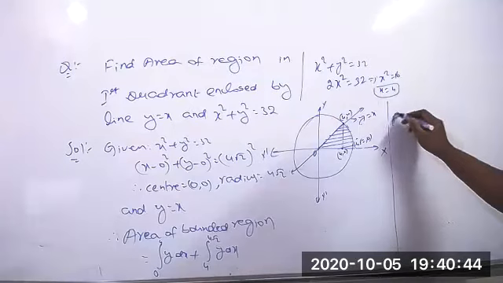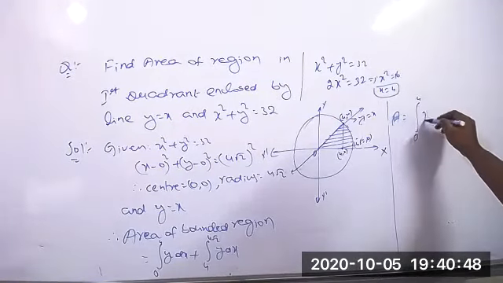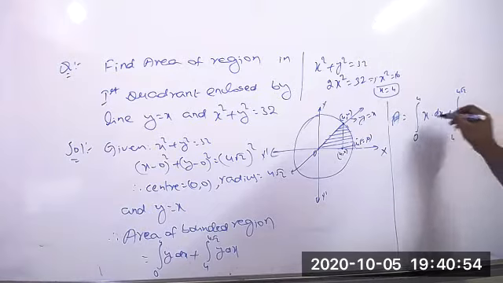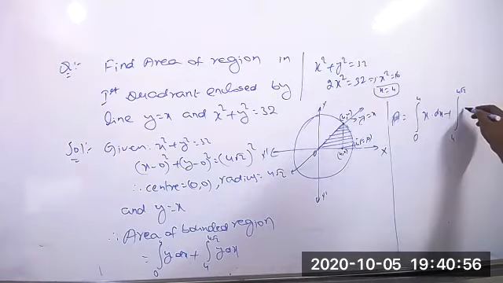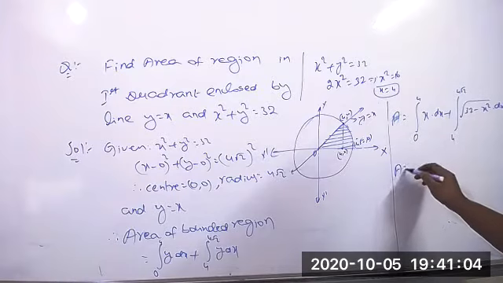So therefore area is equal to integration of 0 to 4, the value of y equal to x, into dx, first thing. Integration 4 to 4 root 2, the value of y equal to, clearly we know that, square root of 32 minus x square into dx, second one. Now I can find it.